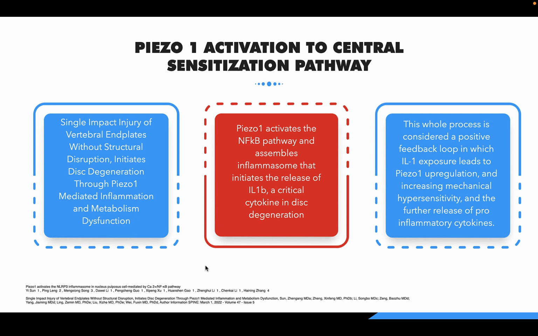So if we extrapolate out and hypothesize a bit, it means we don't have to have a great impact. We just need some sort of abnormal loading event that activates this Piezo1 channel that can lead to the initiation of this inflammatory cascade, metabolic dysfunction within the disc, and then without rescue from the previously studied pro-resolution system, this process can be left to continue on and on.